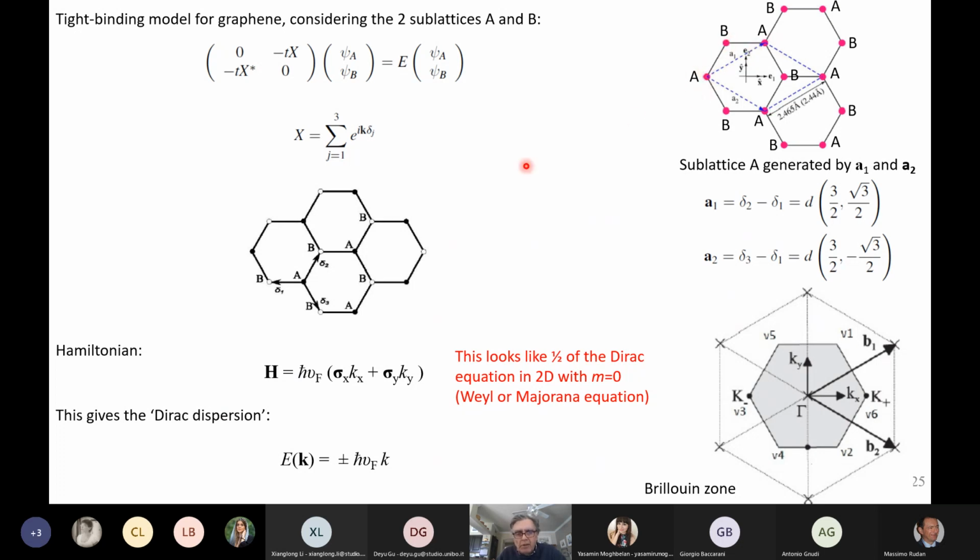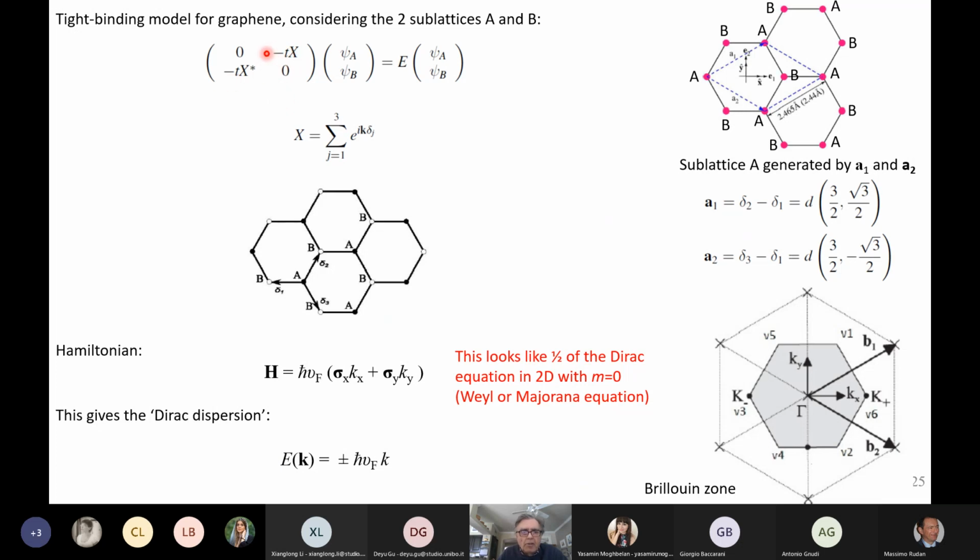So we can write the nearest neighbor interaction in terms of these vectors delta 1, delta 2, delta 3. So each atom in sublattice A interacts with atoms in sublattice B, and the overlap energy between these overlap functions, the pz interaction, is labeled empirically by the parameter T. It's not time, unfortunately, that's a standard notation. I think it's about 2.5 electron volts or something like that.